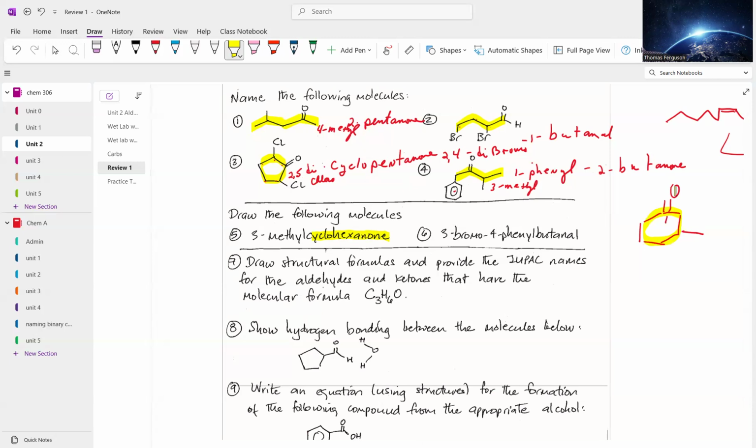For this guy here, we've got a butanal, or four-carbon aldehyde. Okay, we've got a branch at carbon number 3 and 4.